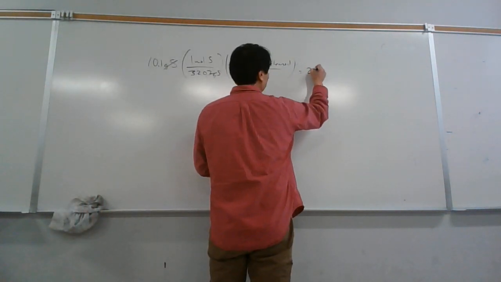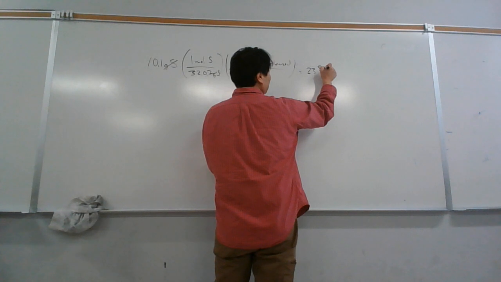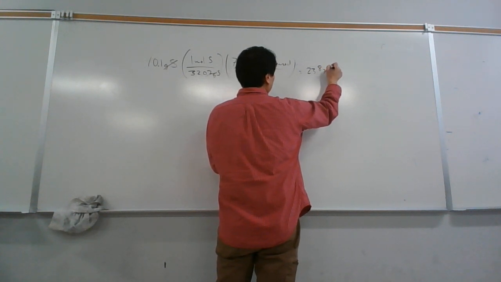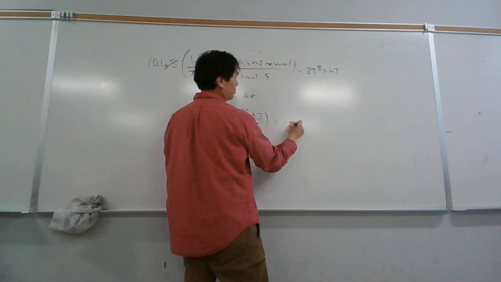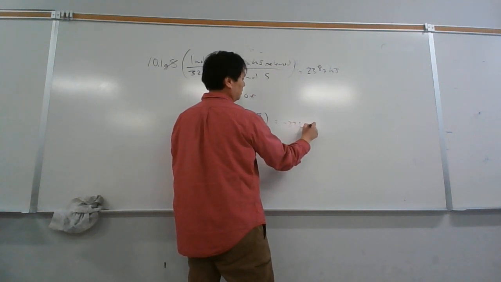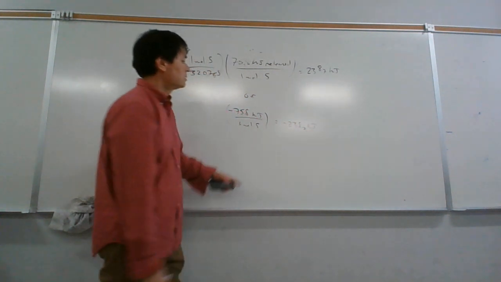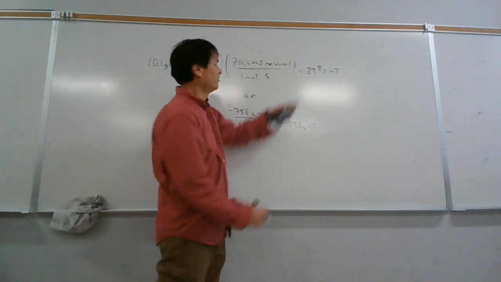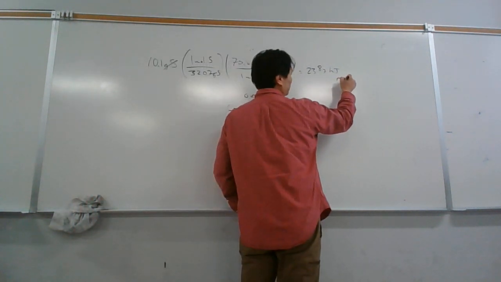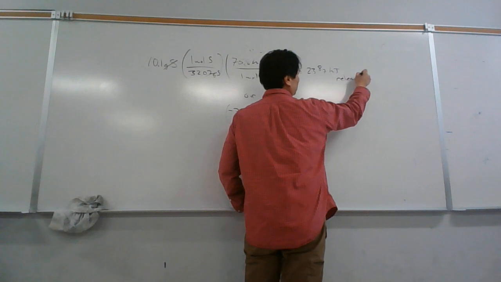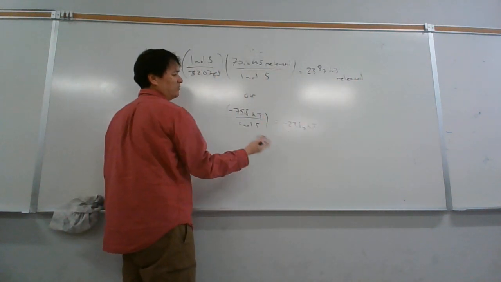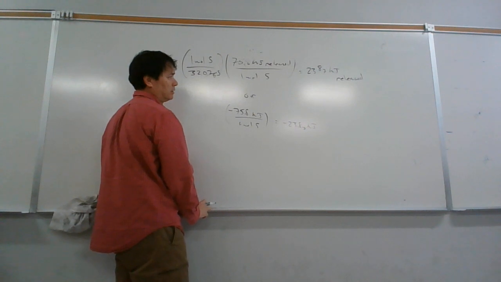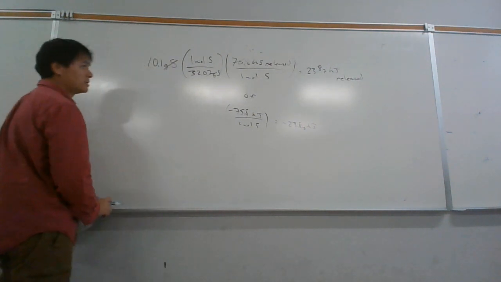This gives us 23.87 kilojoules. Here it gives us negative 23.87 kilojoules. And since we don't have the negative sign up here, we say kilojoules. We don't know if it's released or consumed. And so we write released here. This negative sign here just means we must have lost that. And so we don't have to write the word released there.